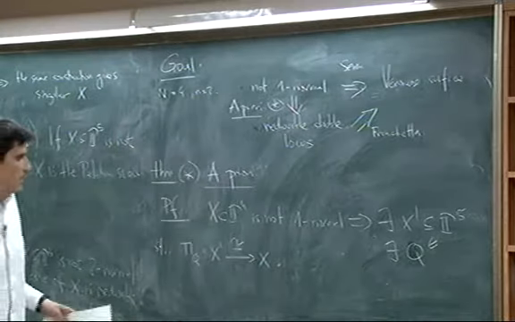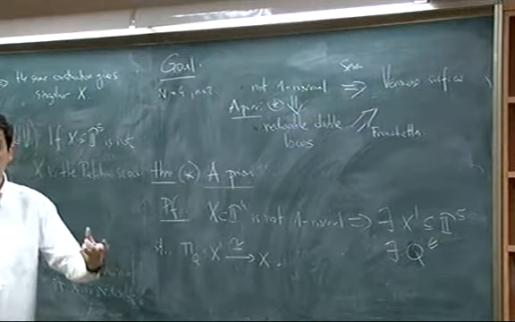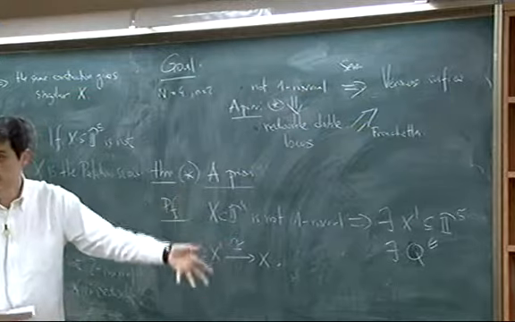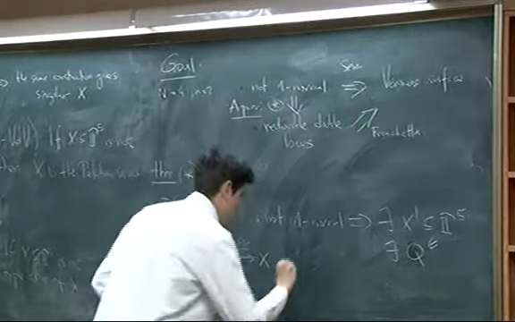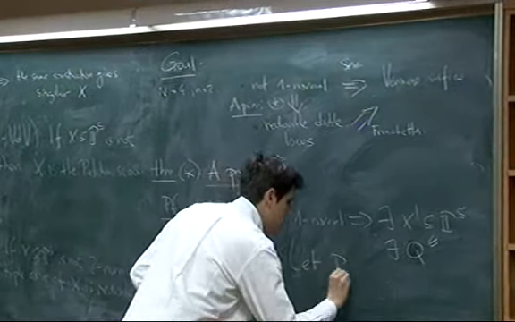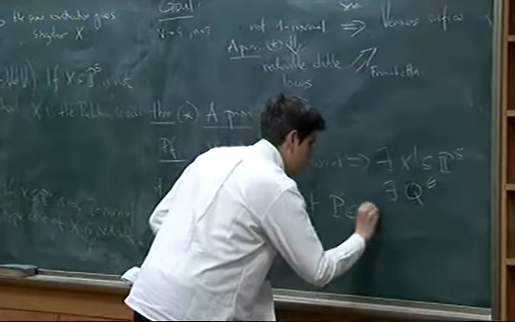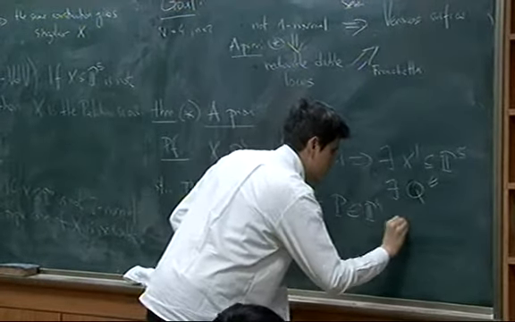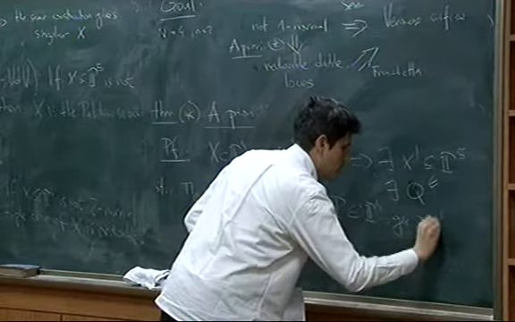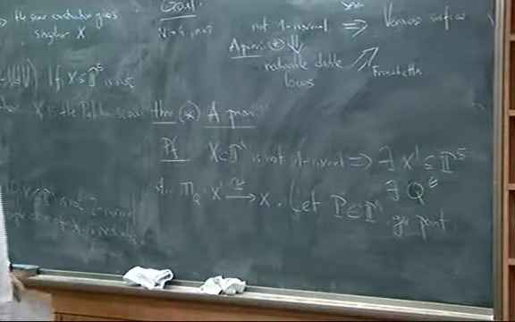Now I want to show that the double curve downstairs, I mean in P4, is reducible. So let P in P4 be a general point.